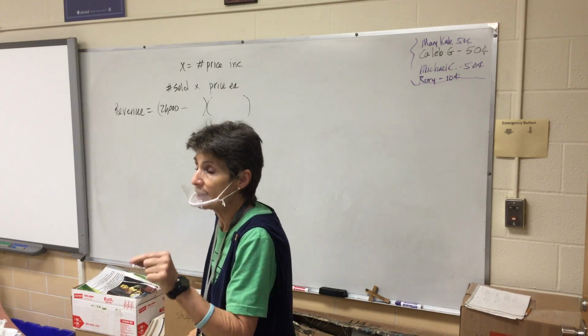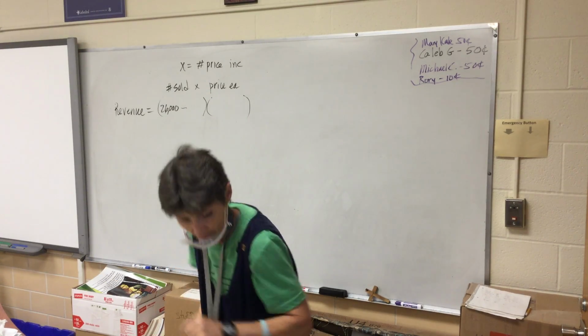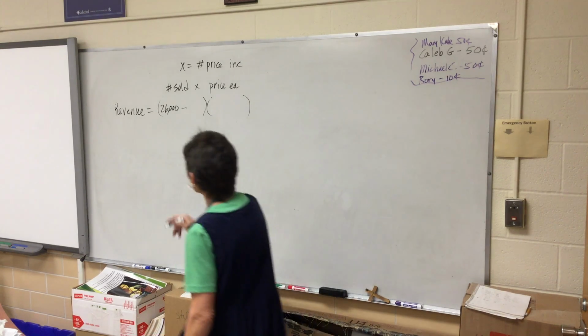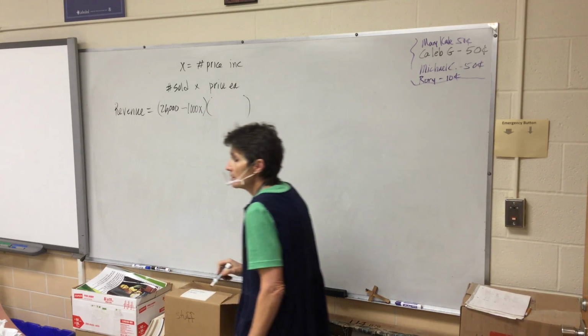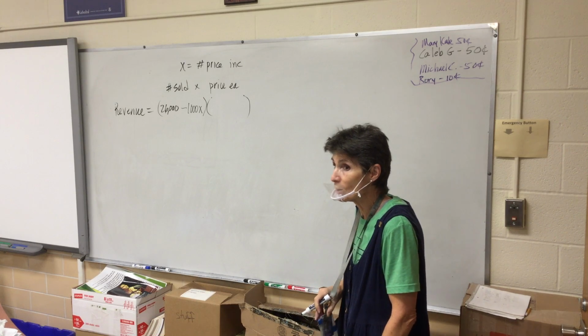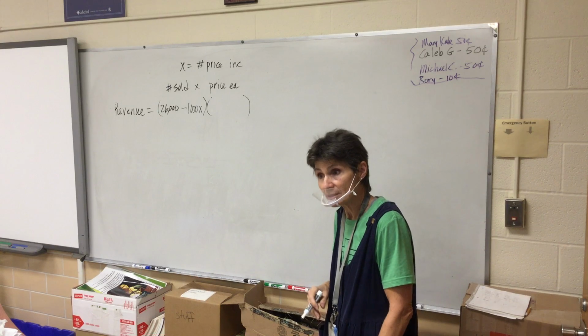How many cans do I lose every time I raise my price? I lose 1,000 every time. So this number of cans I sell is the original 26,000 minus 1,000 X.